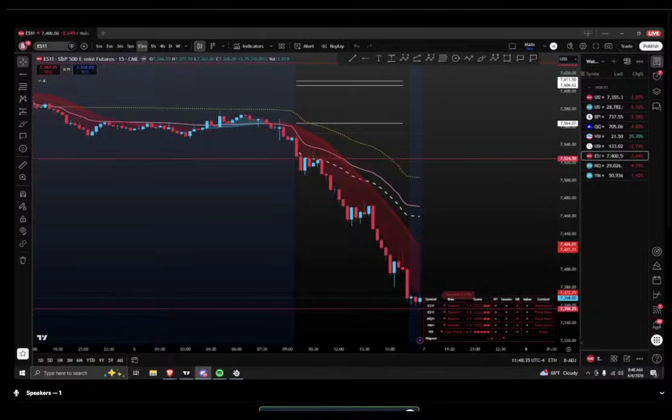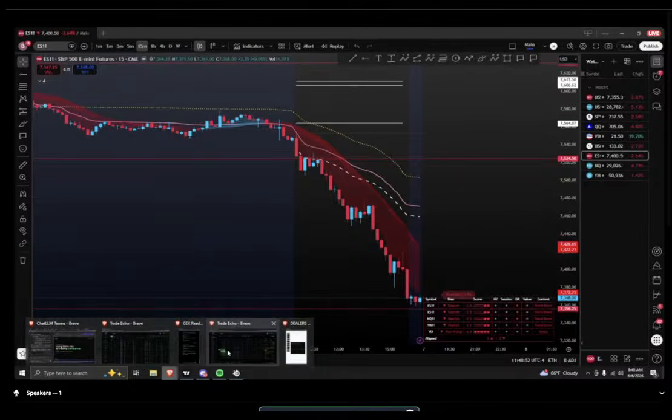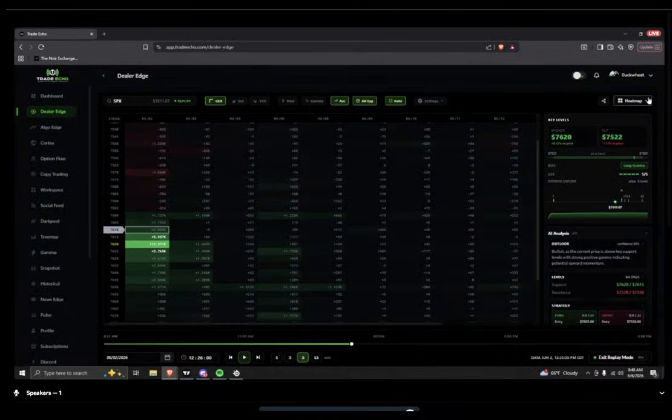So in simple terms, dealer's edge is just showing us where the option market may create support, resistance, magnets, pressure points and acceleration zones, as I just showed you guys. It helps traders see, okay, so for anchor, this is just showing us where price may gravitate.